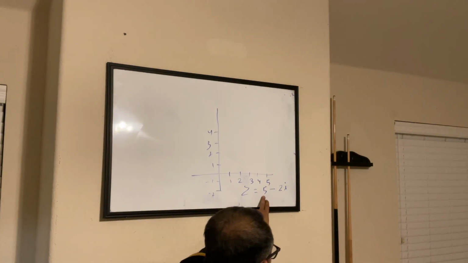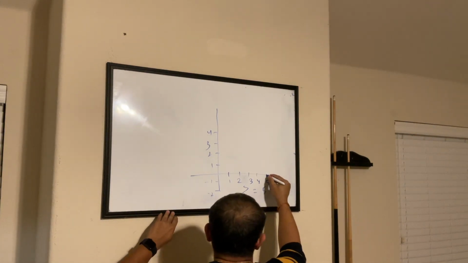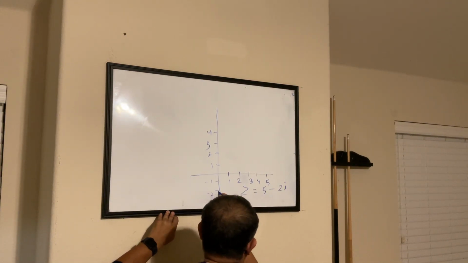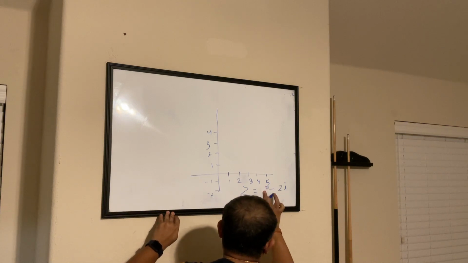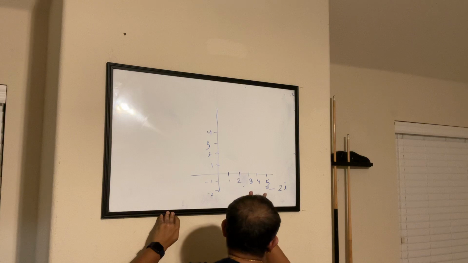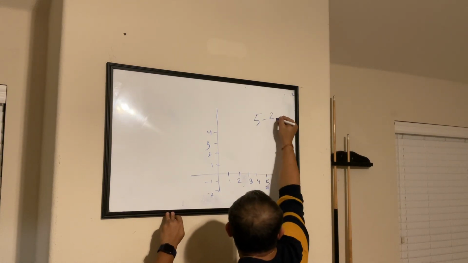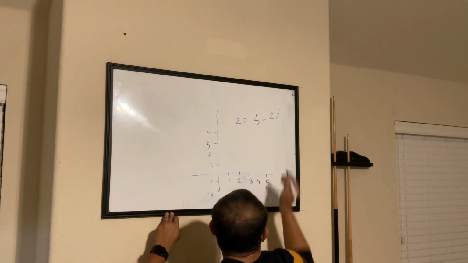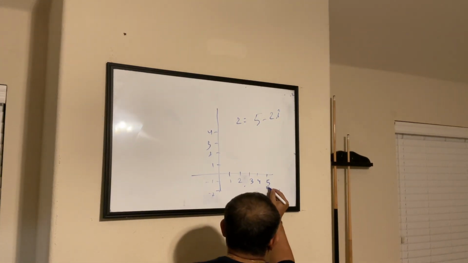So when we say 5 minus 2i, we are essentially talking about 5 here on the real axis and minus 2 on the imaginary axis. So the point is somewhere here. 5 minus 2i is our complex number. Okay, so this is my complex number.